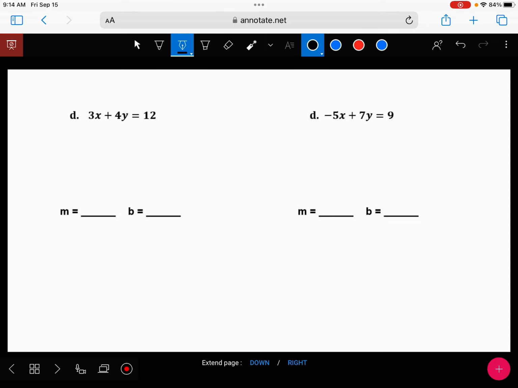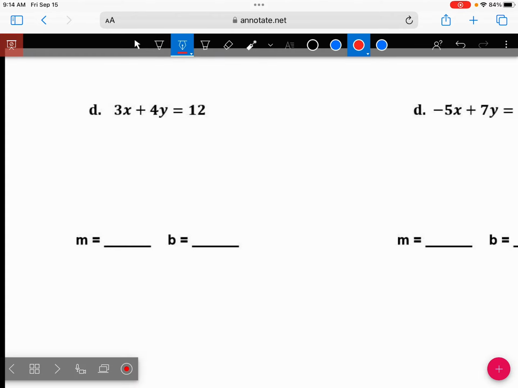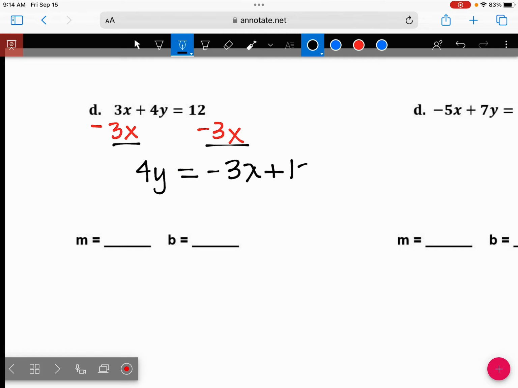Let's go ahead and look at this together. For question C, we are subtracting the 3x. Which is 4y equals negative 3x plus 12.